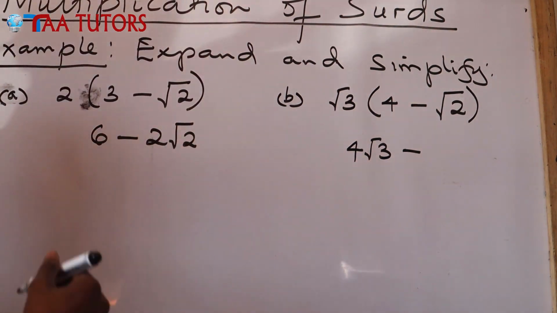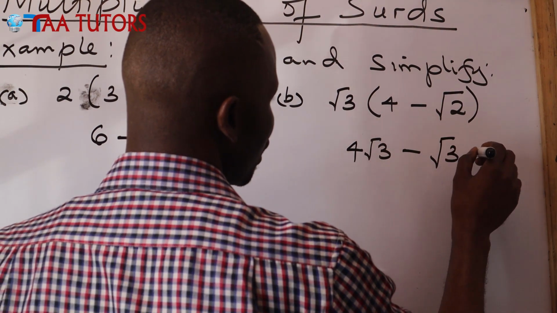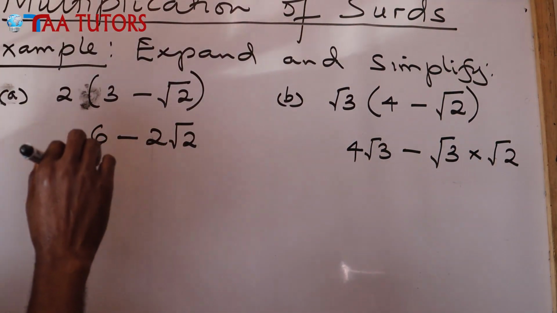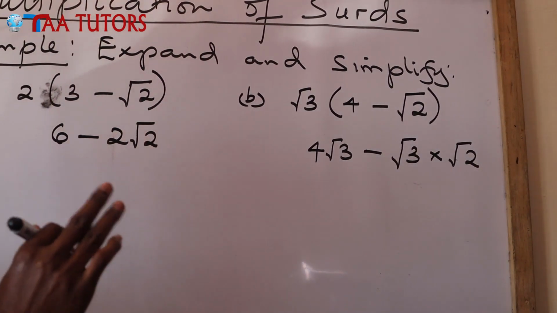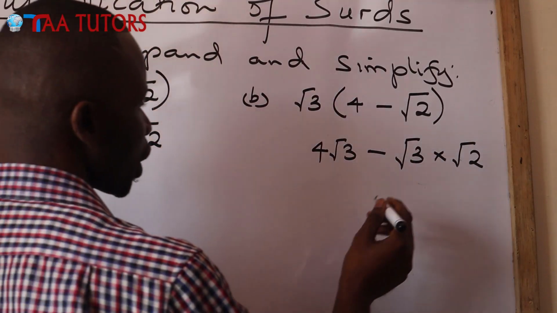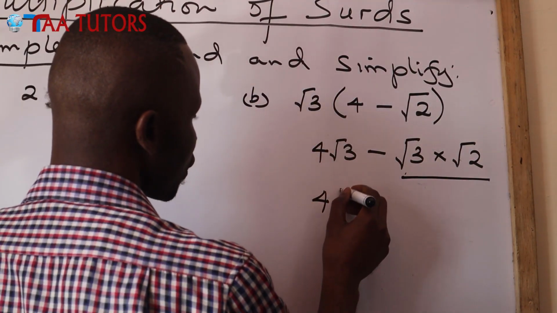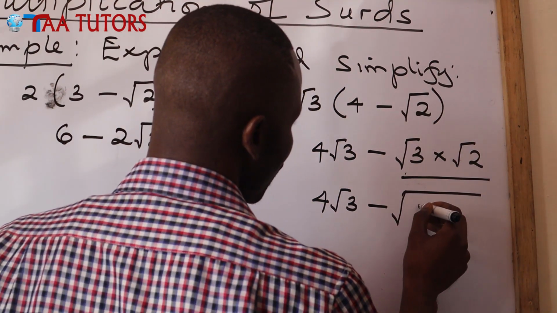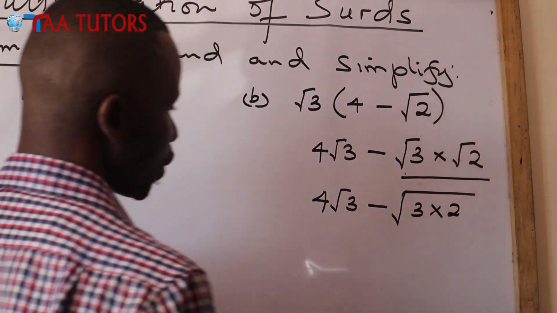We realize that surd 3 times surd 2 is going to be something like this. But we realize that this kind of operation, we have looked at it before in the rules. It actually falls under rule 1, where we say if you have two surd numbers multiplied, then you can as well say it is 4 surd 3 minus the surd here having 3 times 2. This one we have seen before.